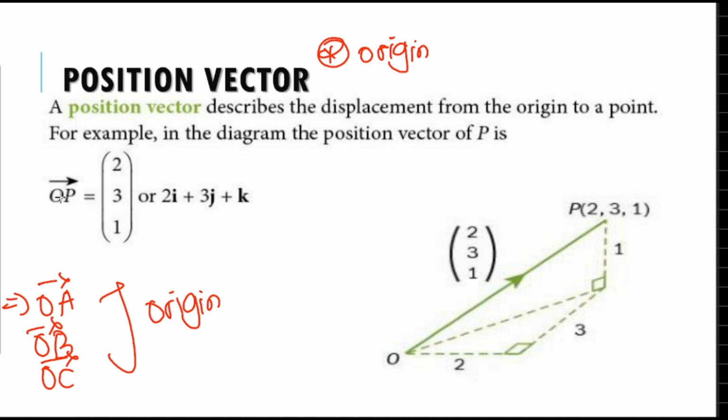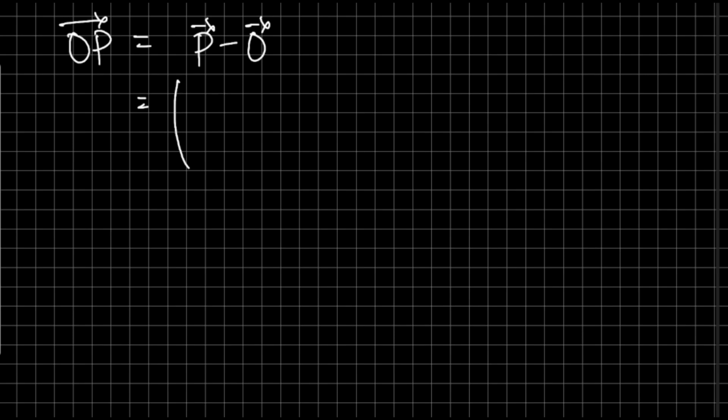So position vector OP, which is given the dimension 2, 3, 1, can be written as 2i plus 3j plus k. Okay, the displacement. If you notice, a position vector is also in displacement form. So you know from displacement, what OP means is P minus O. The coordinate of P is 2, 3, 1.